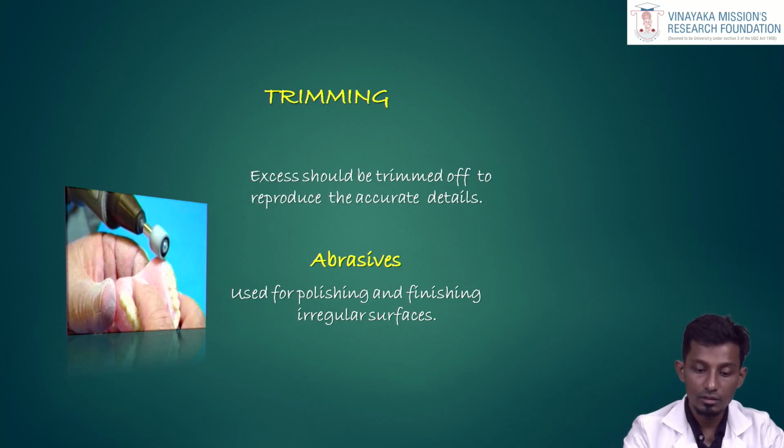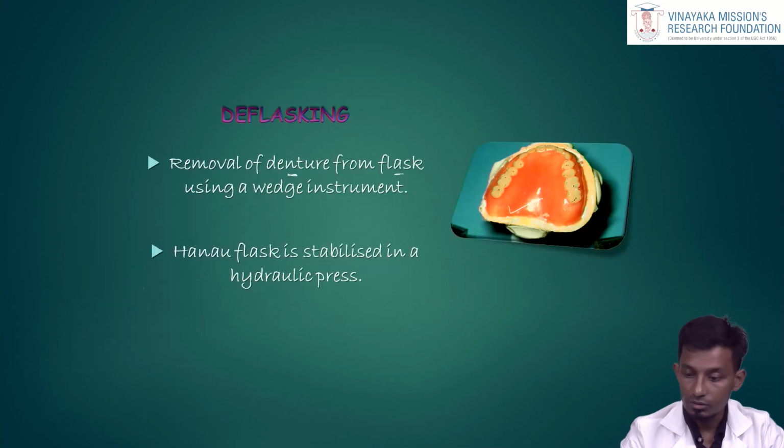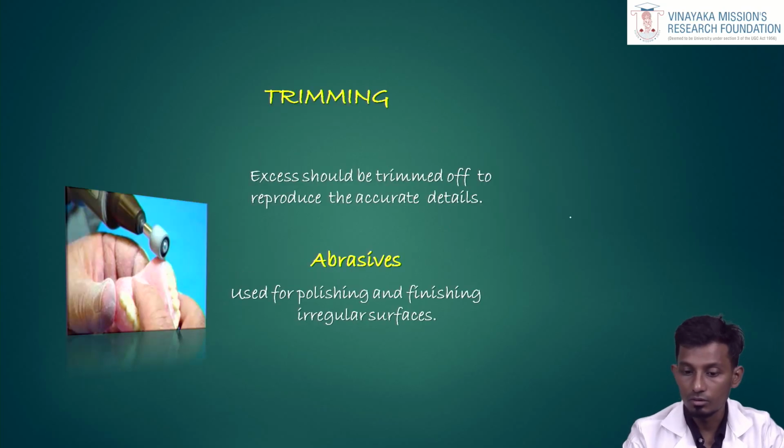The excess of acrylic that is formed, you can see in these regions a little bit of excess is formed. All these are now trimmed using different types of trimming stones and burrs to reproduce the accurate details. Abrasives are used for polishing and finishing of the irregular surface.